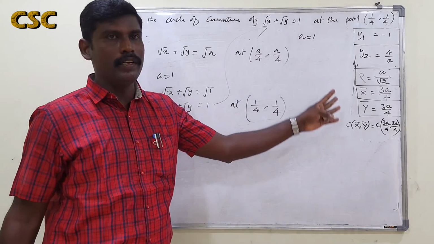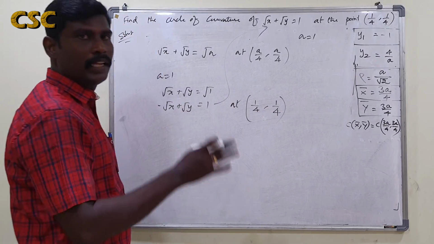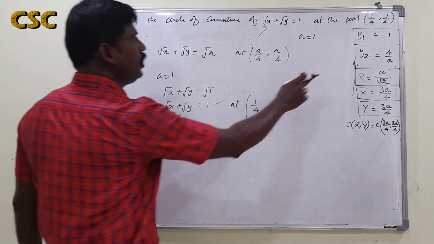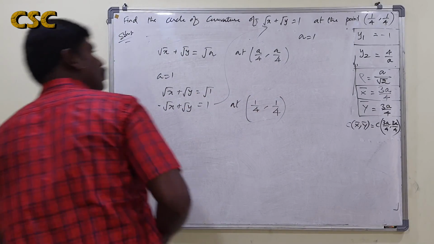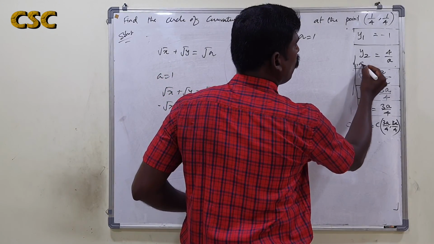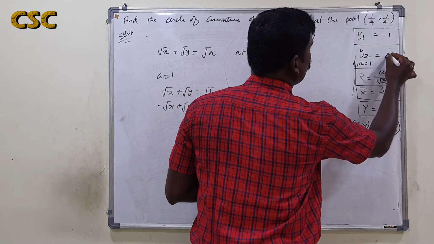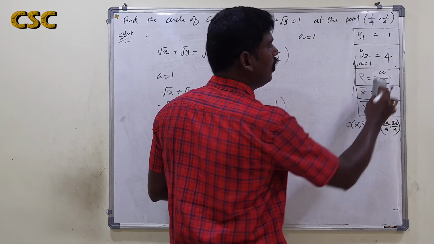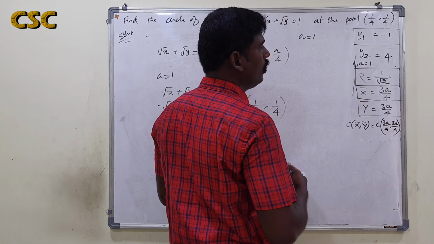Find out the value of y1, y2, etc. like that, right? What is y1? Value of y1 is minus 1, same like that of the previous one. What is y2? By taking a as 1, you will get y2 as 4. By taking a is equal to 1, you will get the value of rho as 1 by root 2.